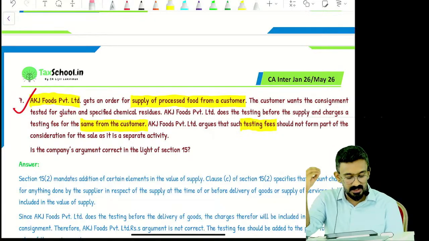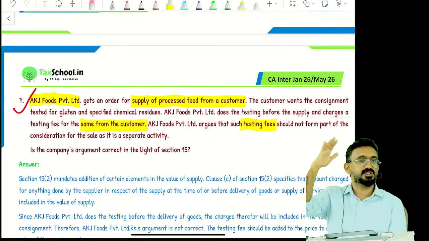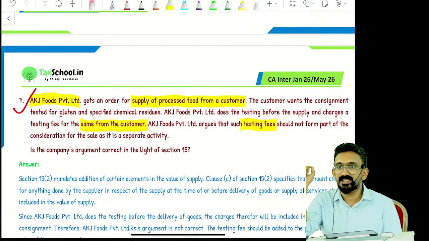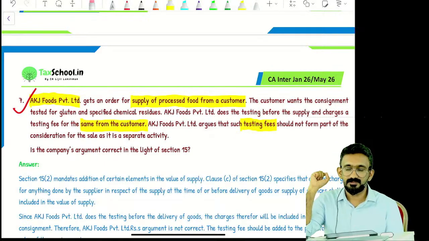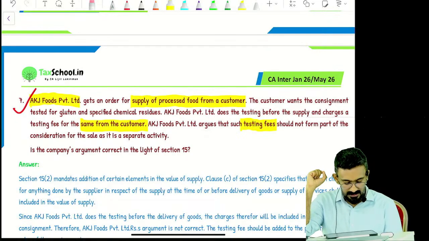All the conditions are satisfied. Hence, they are incidental expenses under Section 15(2).